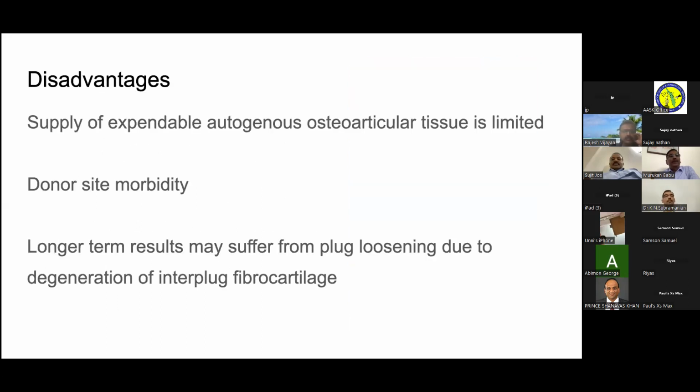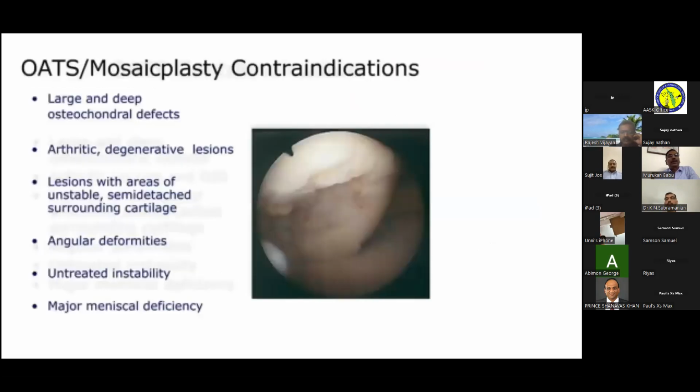Then the disadvantages: the supply of expendable autogenous osteochondral tissue is limited, so even a very large defect may not be filled. Because of the limited tissue, there is sometimes donor site morbidity, and long-term results suffer from plug loosening due to degeneration of interplug fibrocartilage.